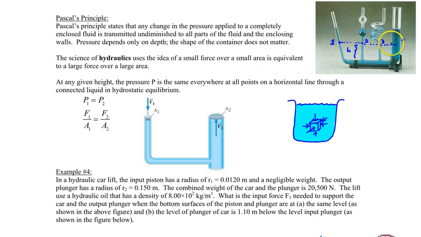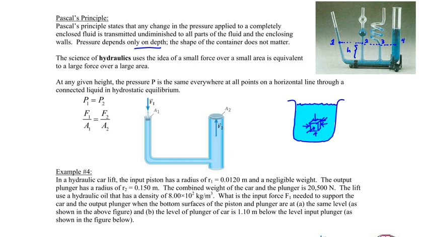If I were to simply tilt the apparatus, you'd see that the level of the fluid would remain at the same place. So the pressure really only depends on the depth. The shape of the container makes no difference. Even though this has a bigger cross-sectional area, it has the same pressure as the other tubes.